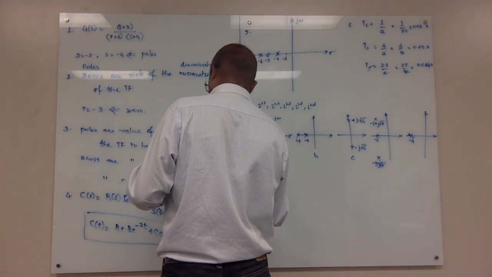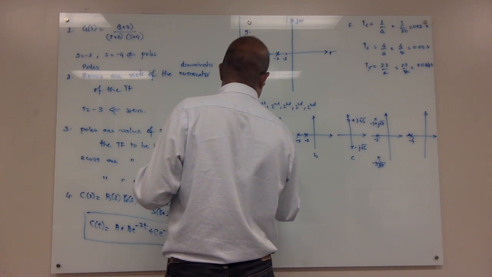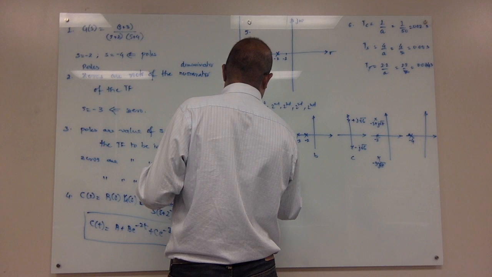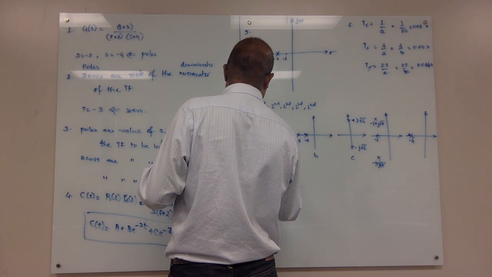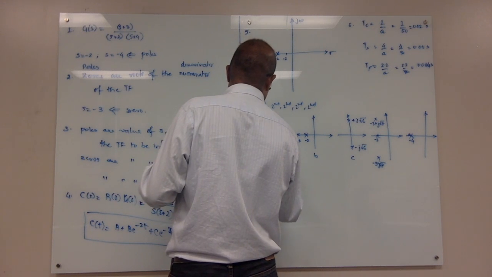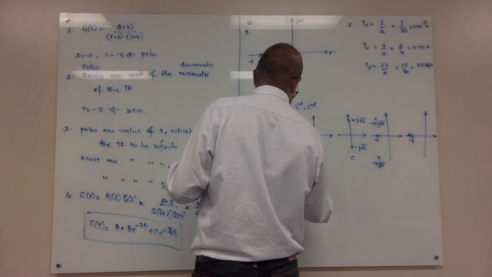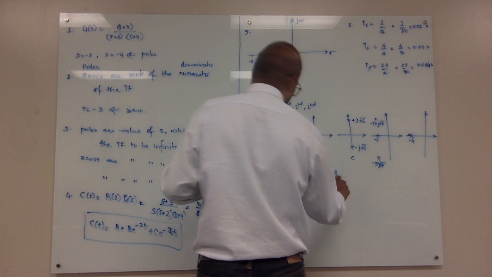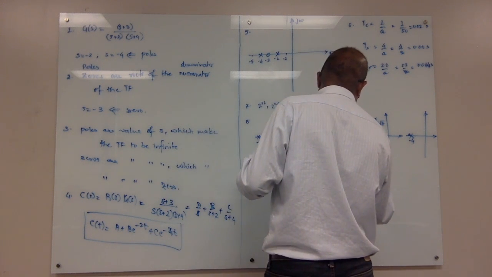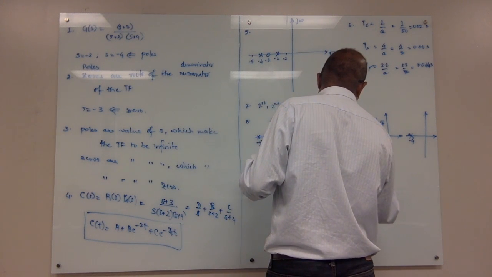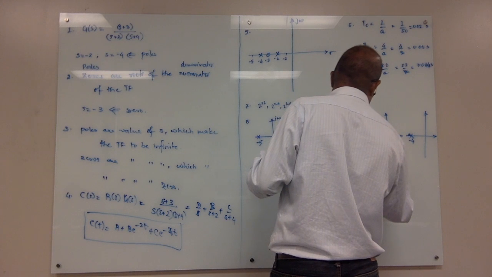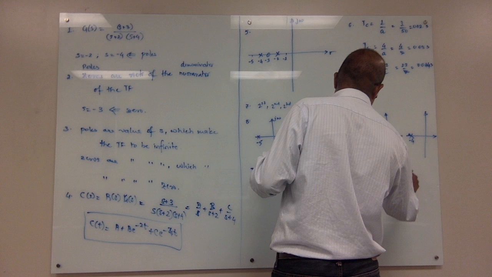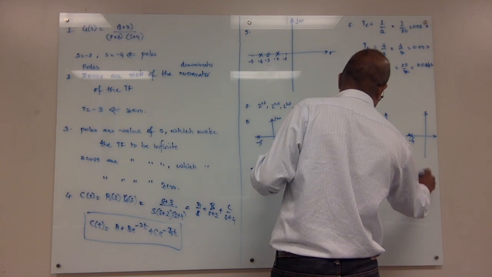So ninth one, it's simple, right? This is the first order. This is over damped, undamped, underdamped, and critically damped.